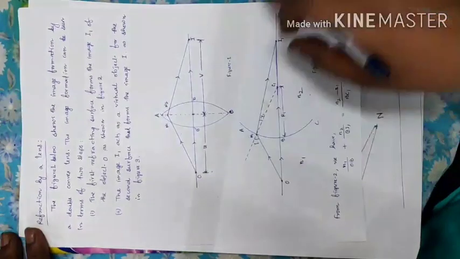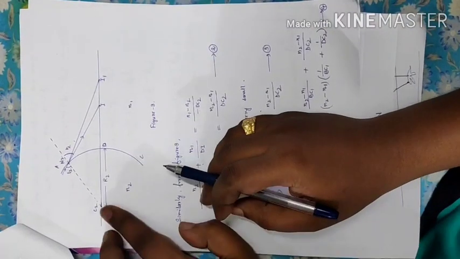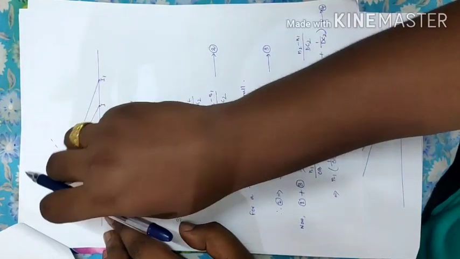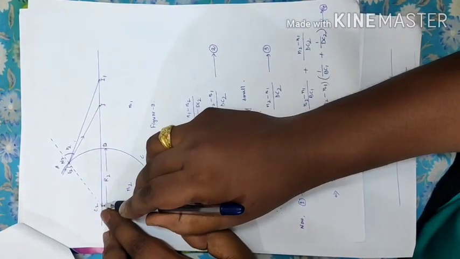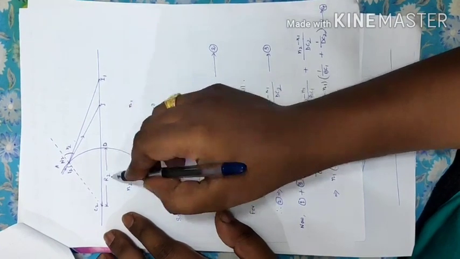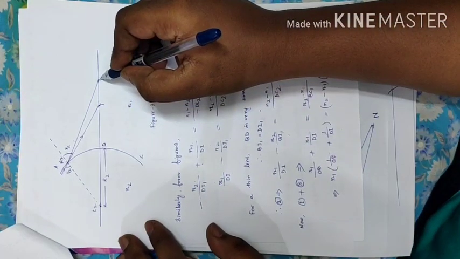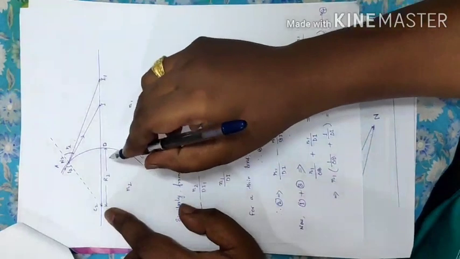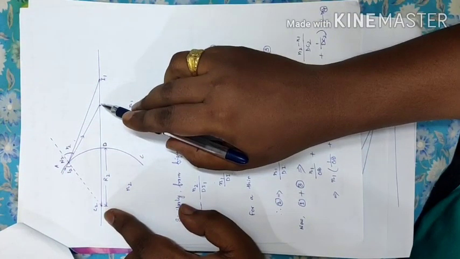It is a part of a sphere. C2 is the center. It is the center of the sphere, from C2 to D. This is called the radius of curvature R2, the second surface's radius of curvature R2. I1 is considered to be the virtual object of this surface, and ultimately the image I is formed here.